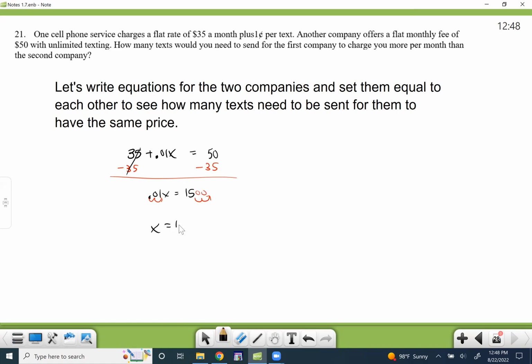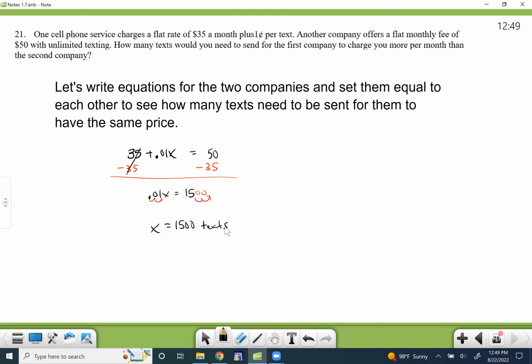So you'd have to send 1,500 texts. I know that sounds like a big number, but have you ever kept track of how many texts you send in a month? Maybe it is that close. Once you send 1,500 texts, they'll both cost the same amount.